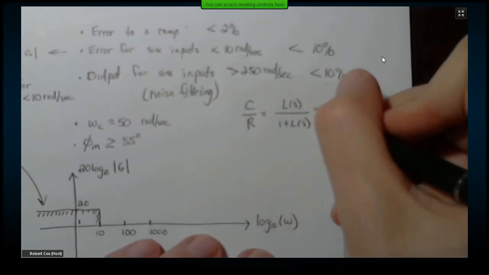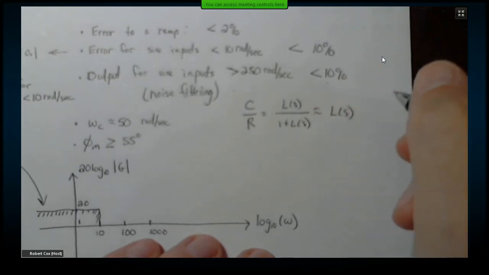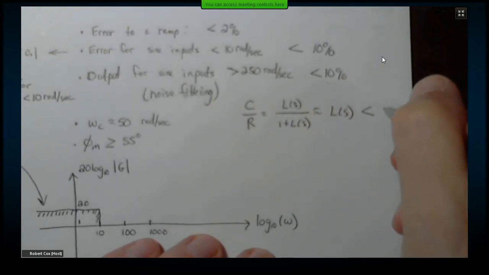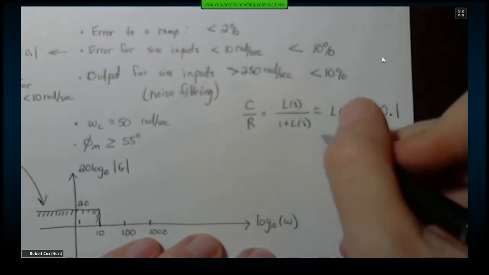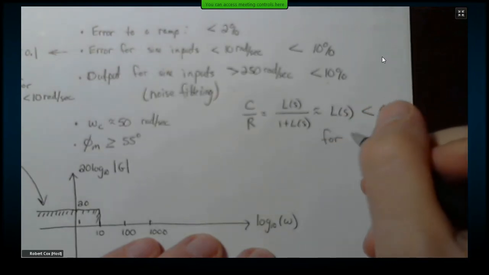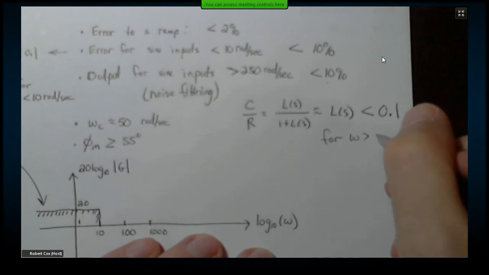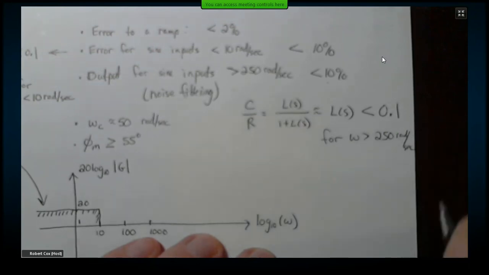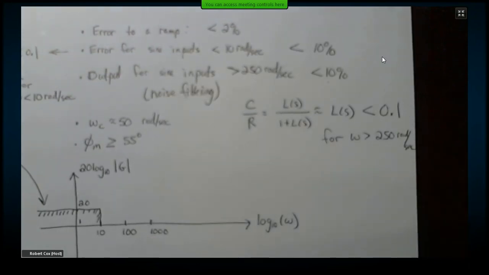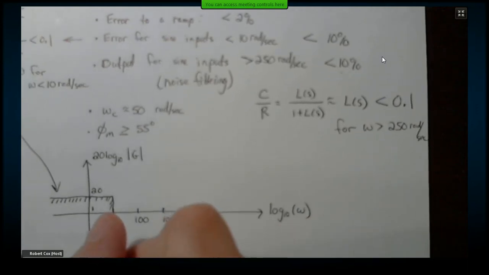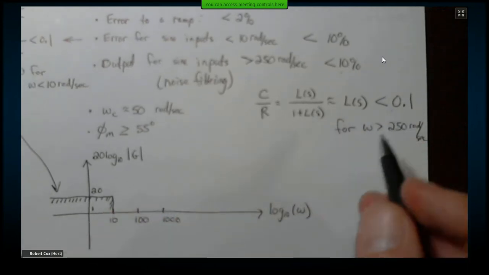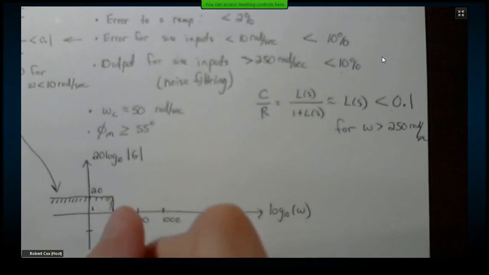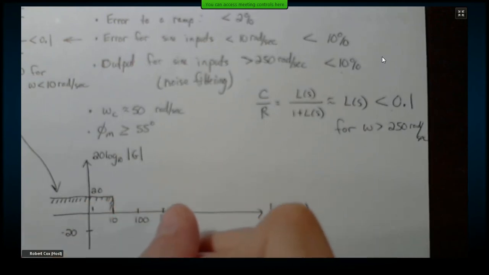At high frequencies, I said that becomes approximately L of S. So apparently that has to be less than 0.1 for omega greater than 250 rads per second. So less than 0.1 on a log scale, that's negative 20 dB.